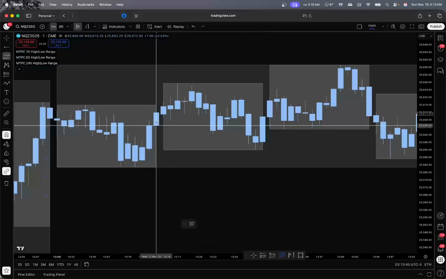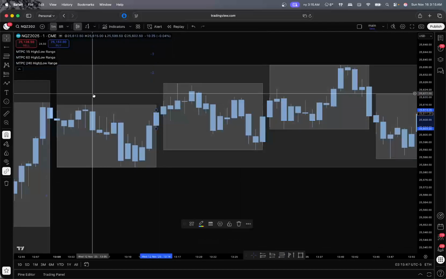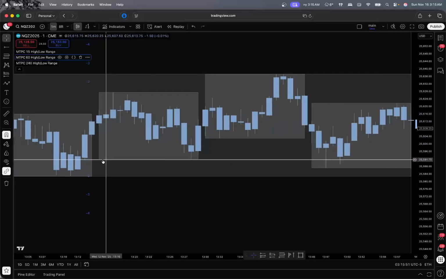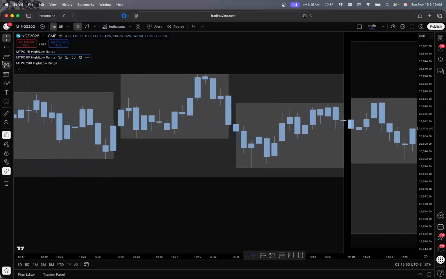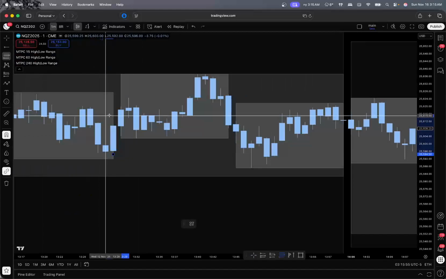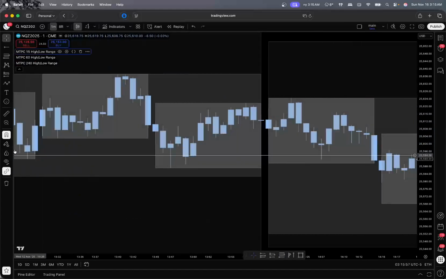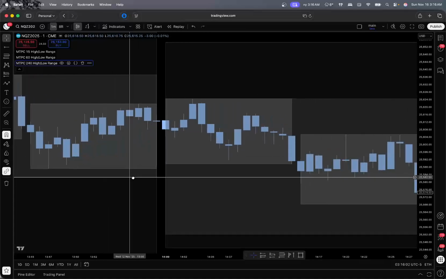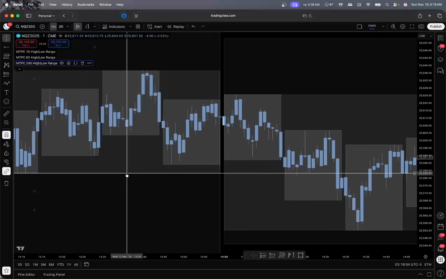Let's keep looking. Nothing. Nothing. That's fine. I'm alright with that. I'm just looking for some traits. Nothing here as well. Candle's too big. I can just visually tell because I've been doing this for so long.